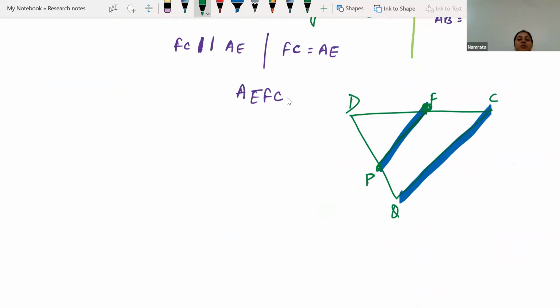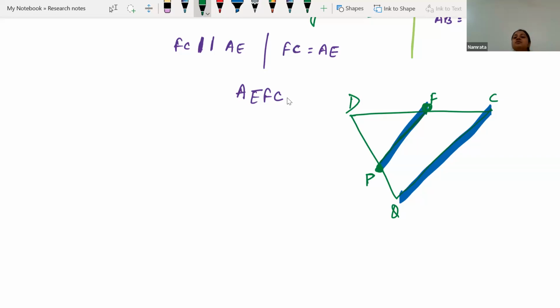The converse of the midpoint theorem says if we draw a line through the midpoint of one side of a triangle, that is the midpoint of side CD, parallel to the other side, that line is parallel to CQ. Then that line will touch the third side at its midpoint also, right?